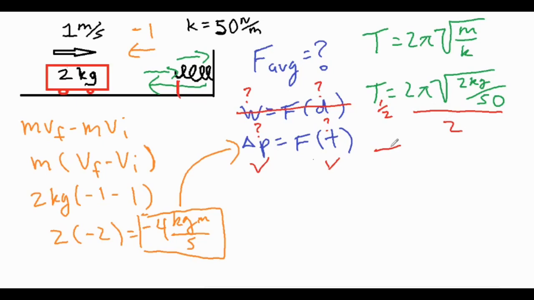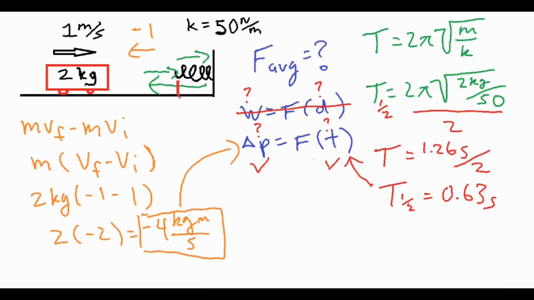If I found the regular period, it comes out to 1.26 seconds when I just plug in this numerator part over here. And then I'm going to cut that in half. The time of half the period is 0.63 seconds. Okay, that covers the entire time that the spring was in contact with the cart.